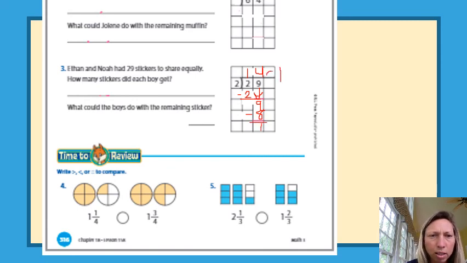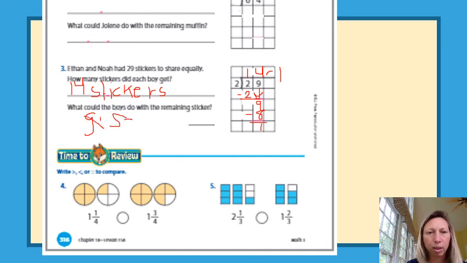So they both get 14 stickers. What could the boys do with the remaining stickers? Give it to their teacher. What could they do? Share it, give it away, or save it. Let's just say save them.